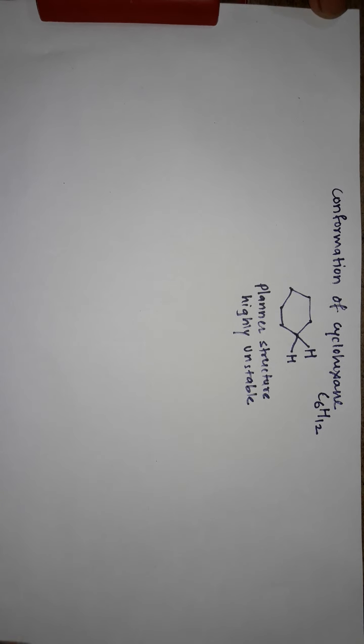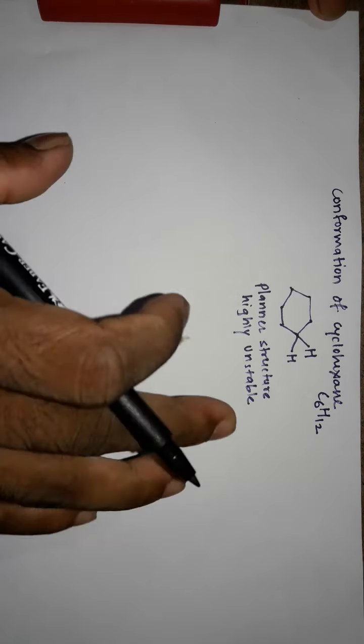So in order to get stability, cyclohexane possesses some kind of conformation. So let us take the first one. Let us assume I am rotating this carbon above the plane, out of the plane.